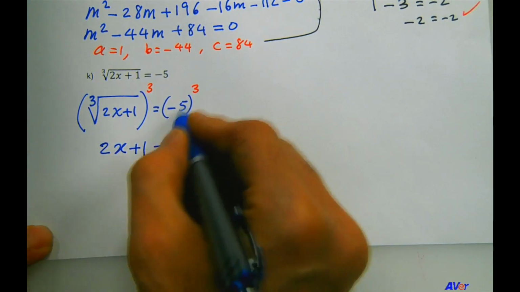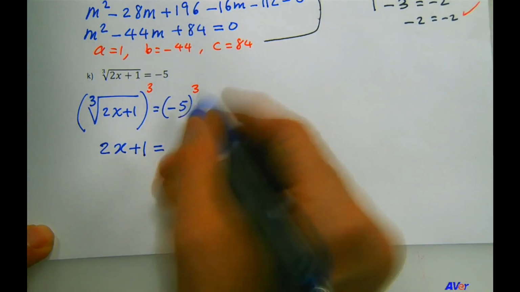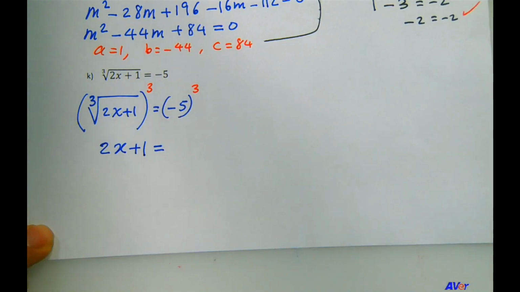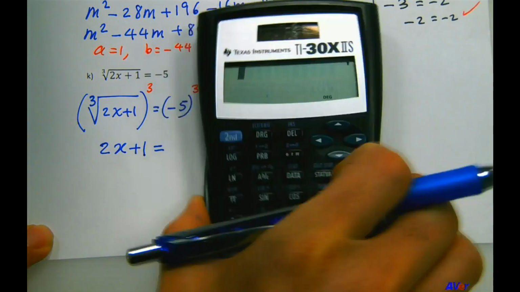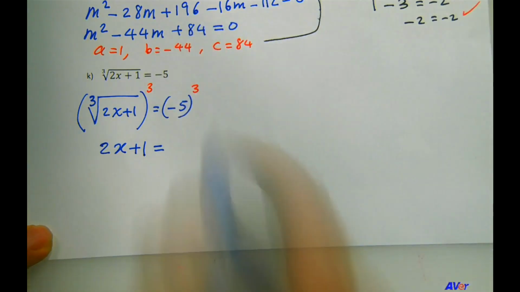On the right, minus 5 cubed. It's going to be minus 125, right? But let's check, because I'm not sure. Minus 5 raised to the third power is minus 125. Okay, so minus 125.